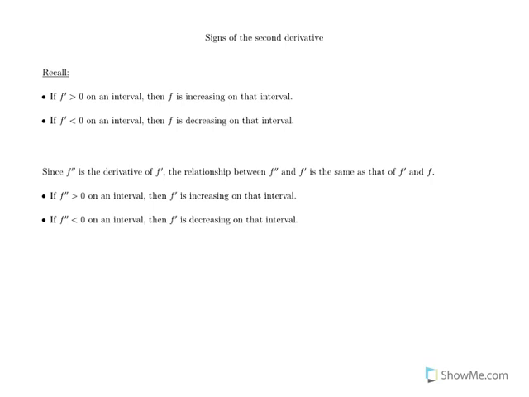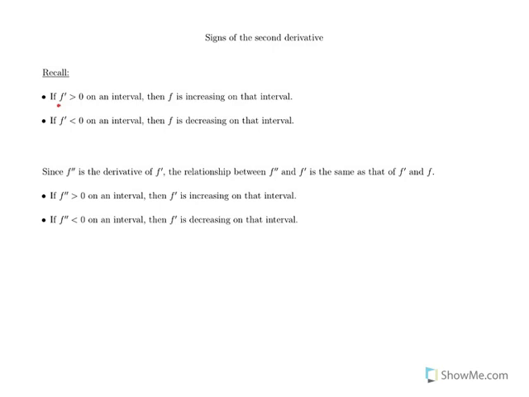So now let's think about what the sign of the second derivative means. So first, let's remember what the sign of the first derivative means. We know that if the first derivative is positive, greater than 0, then f is increasing on that interval. And if f prime is less than 0, f is decreasing. So we're going to use that relationship to build a relationship for f double prime and f prime, because f double prime is the derivative of f prime.